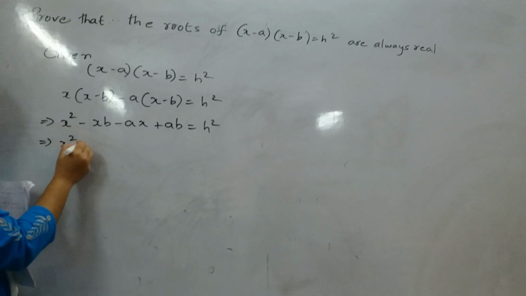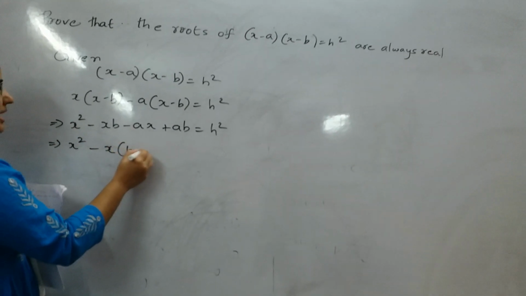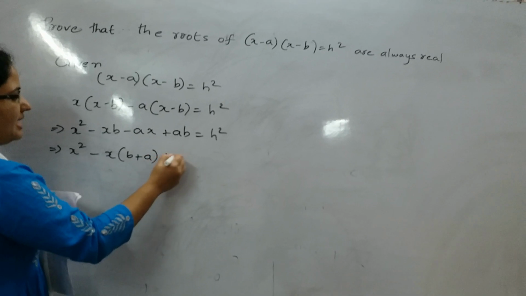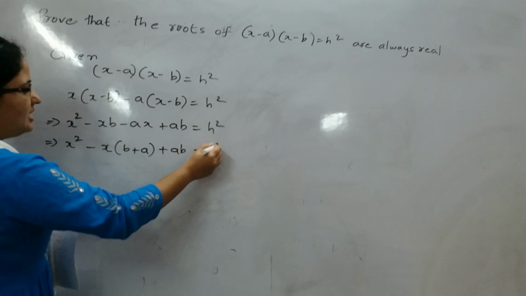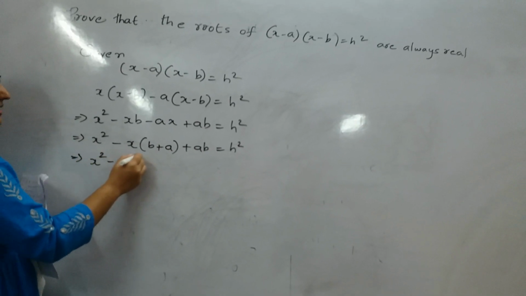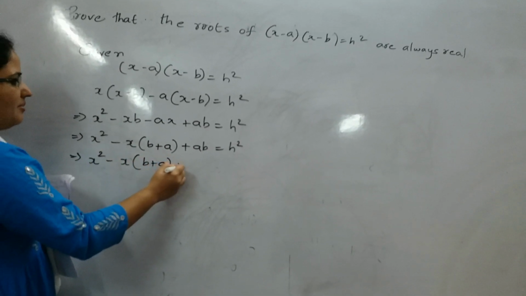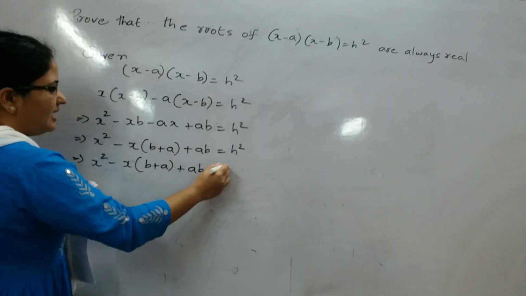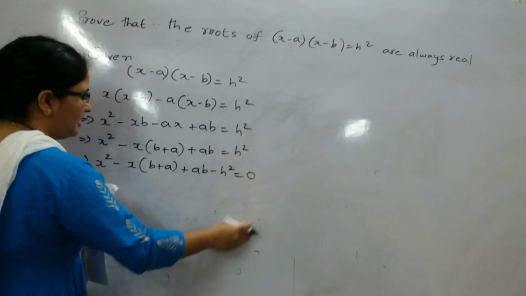Implies x square minus x into b plus a plus ab is equal to h square. If h square comes here, it will become x square minus x into b plus a plus ab minus h square is equal to 0.